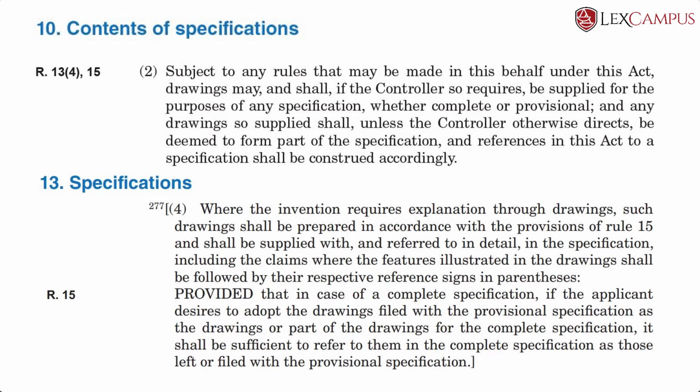In most mechanical patents, you will find that there are drawings which explain the working, or there is a blown up view, or a cross section which gives an insight into how the invention works.